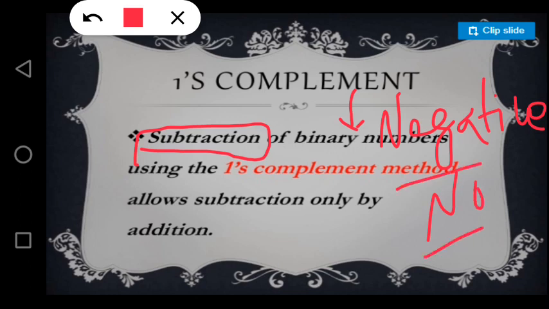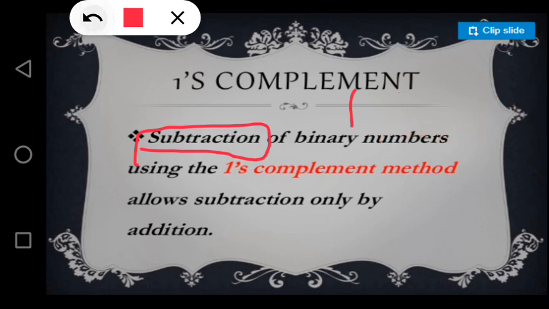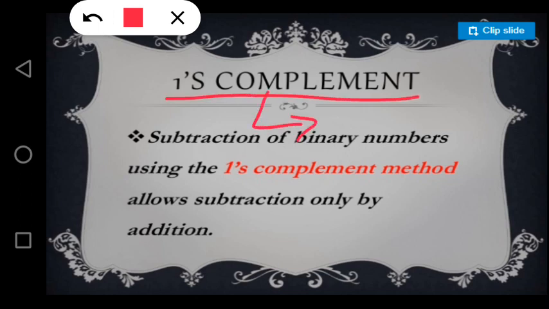For representing a positive number, you need not have complement notation. Signed magnitude is enough. But remember, 1's complement or 2's complement notation comes into the picture when you want to represent a negative number or when you go for subtraction.